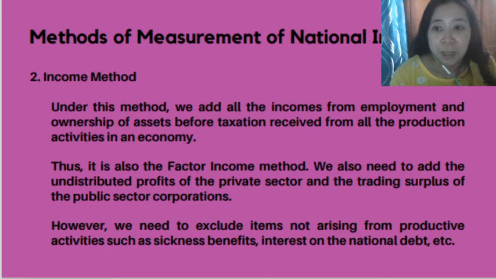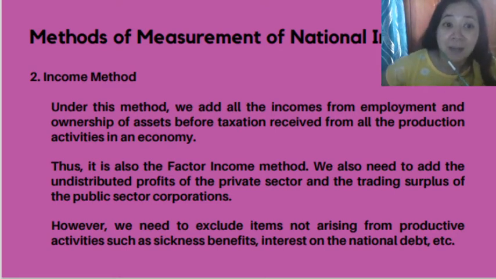So we also need to add even the undistributed profits of the private sector and the trading surplus also of the public sector corporations. However, please take note that we need to exclude items that do not arise from productive activities.